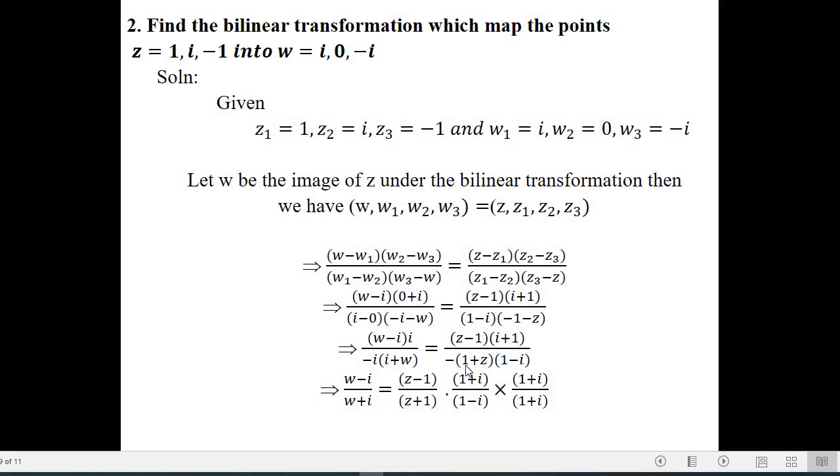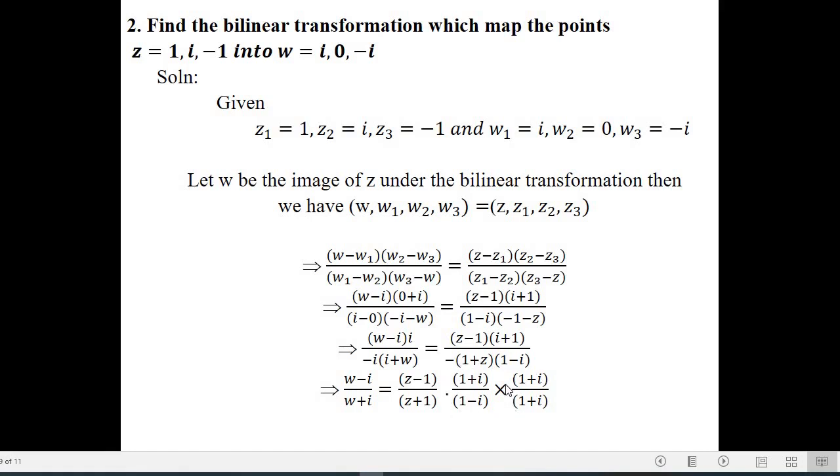Z minus 1 divided by 1 plus z can also be written as z plus 1 into the constant complex number, which I have written here: 1 plus i divided by 1 minus i. So this complex number I will simplify first.